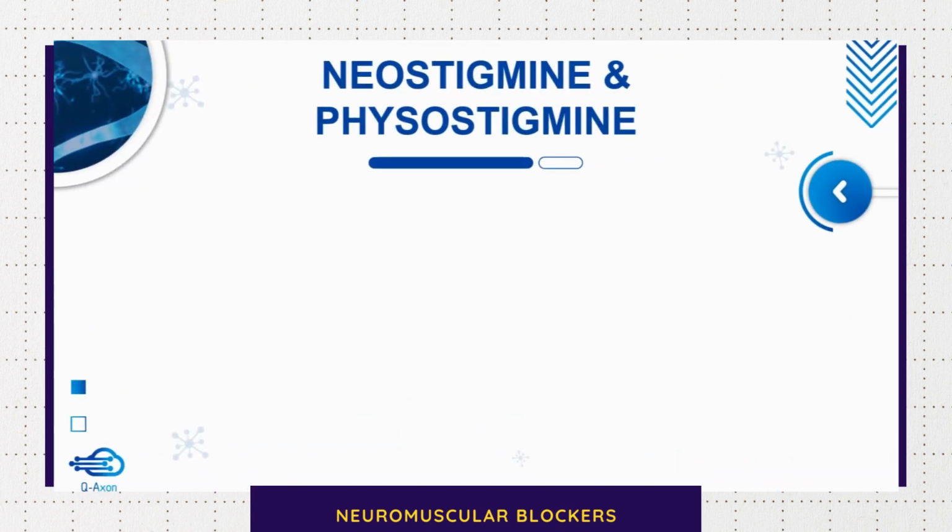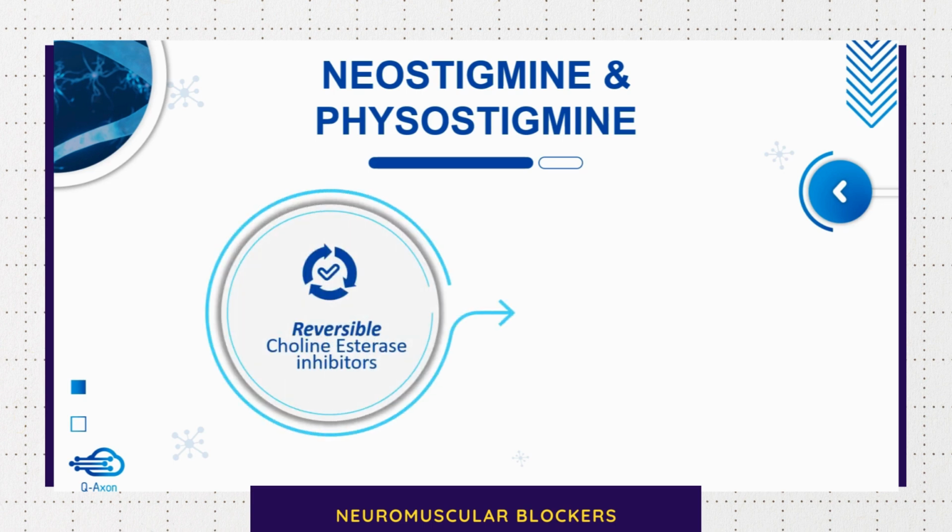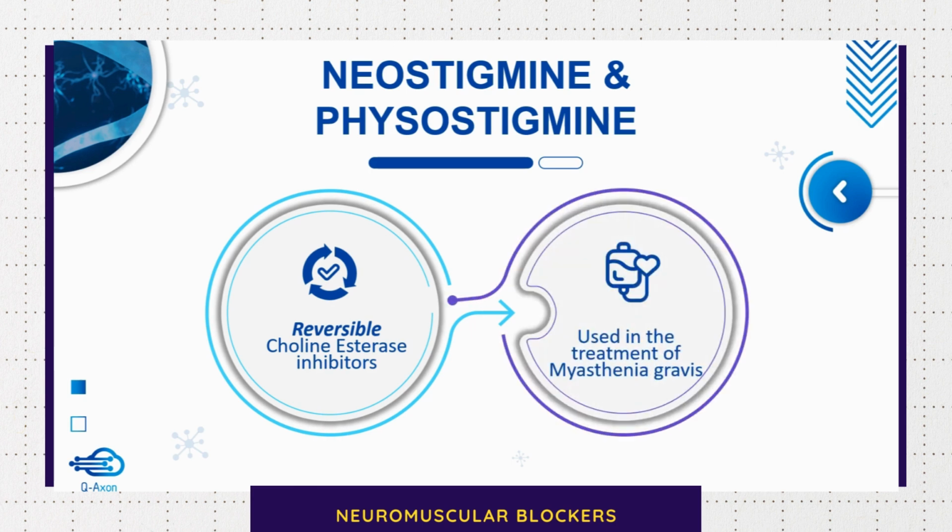On the other hand, neostigmine and physostigmine are also cholinesterase inhibitors, but they are reversible cholinesterase inhibitors, which means that they bind reversibly to the enzyme cholinesterase, so their effect is short-lasting, and therefore they are safe to be used as drugs. In fact, they are used in the treatment of myasthenia gravis.